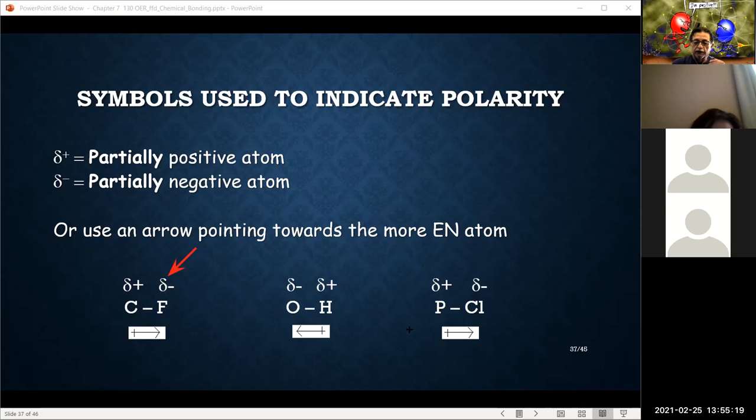So here are 3 examples of polar bonds. Notice in all 3 cases, there are 2 elements that are different, so automatically I've got a polar bond. The next step is to determine which direction to make the arrow go.